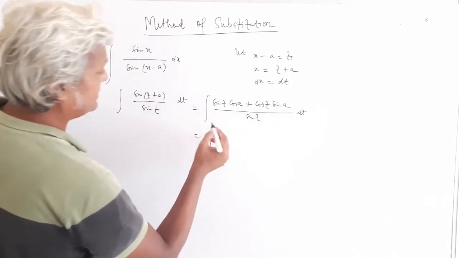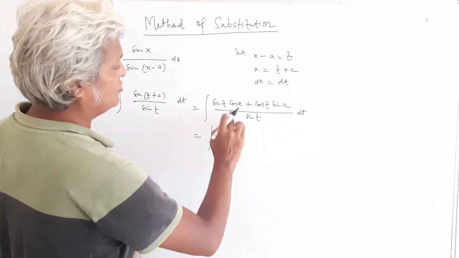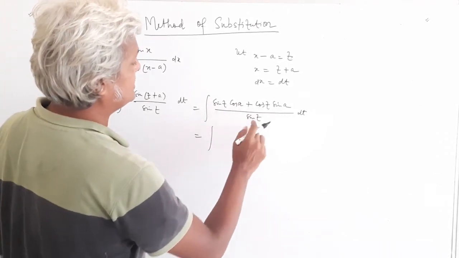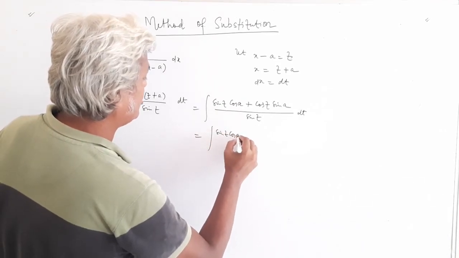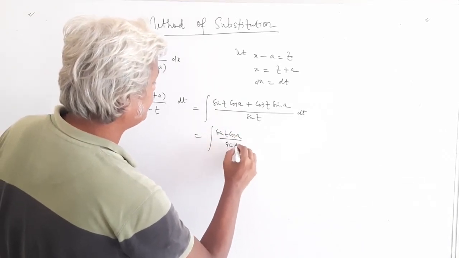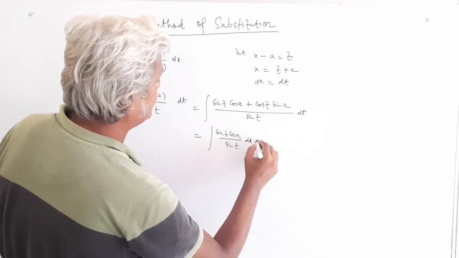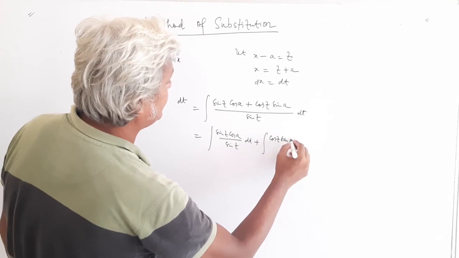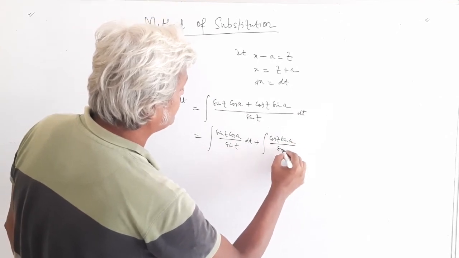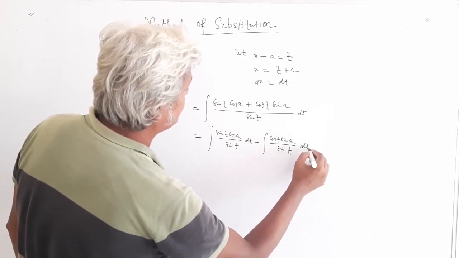Now I break this down into two fractions: sine t cos a over sine t dt plus cos t sine a over sine t dt.